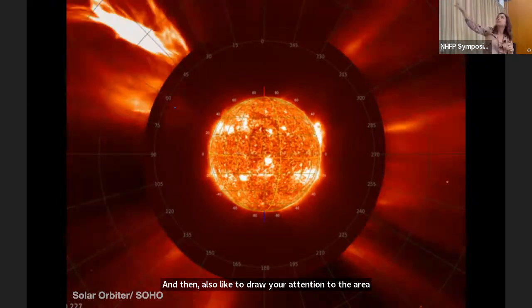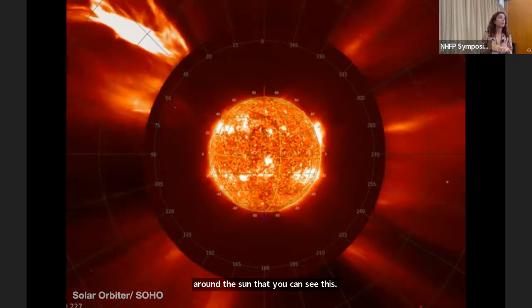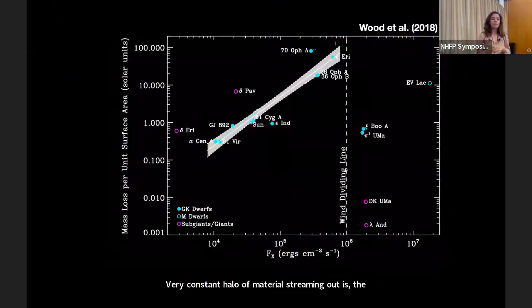This fairly constant halo of material streaming out is the solar wind. I'm really interested in the solar wind and also the winds of other stars too. Now, it's actually very difficult to measure the winds of other stars besides our sun. So far, we've only actually had about 20 measurements of these things.